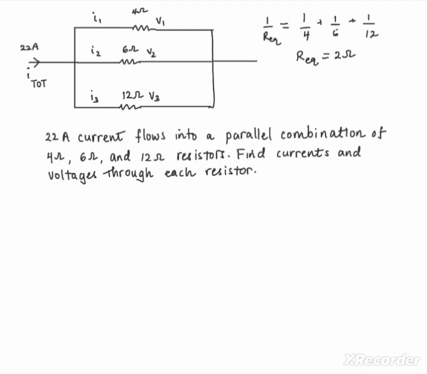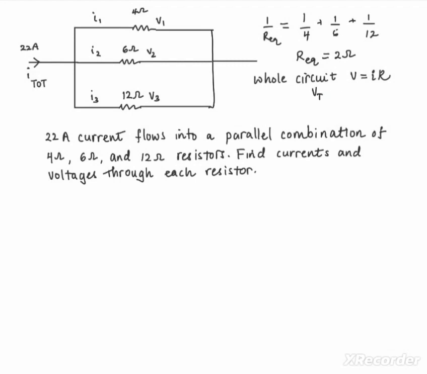Now that's the REQ. So we can find the total voltage because they are giving you the I total. So for the whole circuit, we look at the whole circuit and do our Ohm's law equation, V equals IR.